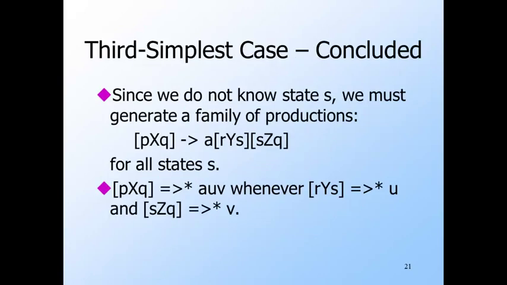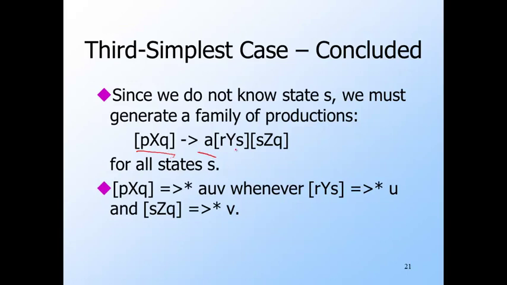So we generate many productions for this case, where on input A, state P becomes R and X gets replaced on the stack by Y and Z. For every state S, there's a production with head [PXQ], and then the A that causes the first move. Remember, A could be empty.